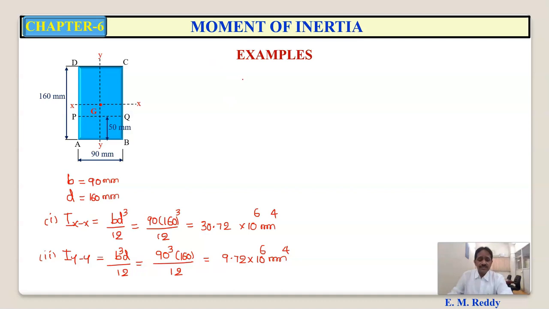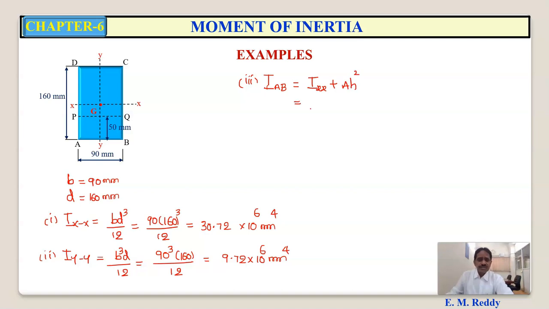Then what is the third part? You have to calculate moment of inertia about the base, that is, about the axis AB. You can use that formula directly, or you can use first principles. Using the parallel axis theorem, moment of inertia about AB is equal to moment of inertia about the centroidal axis plus A h square.